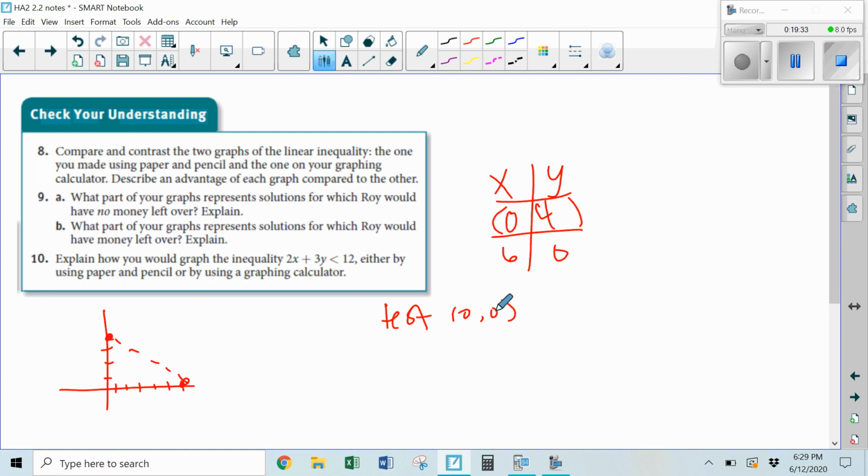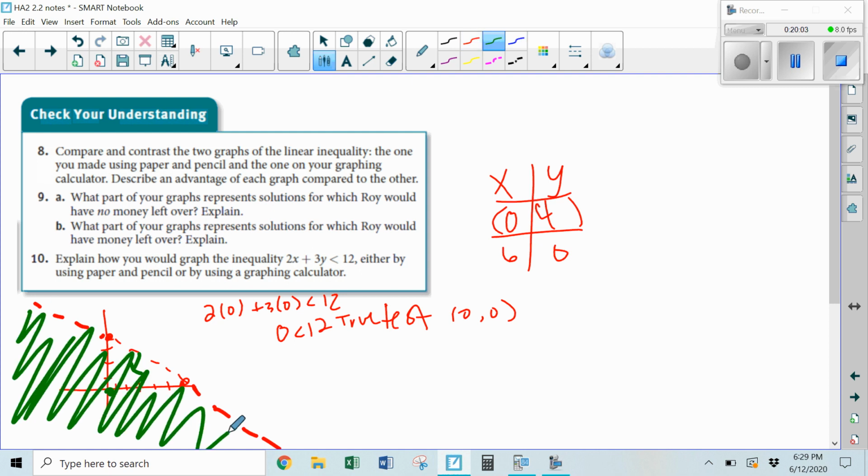So if I plug in a 0 for X and a 0 for Y, that's going to be 0 plus 0. True or false? 0 is less than 12. True. So 0, 0 works. This is true, so I'm going to shade everything on this side of the line. Actually, this line continues because it's not a word problem, so it doesn't have to just stay in a certain quadrant. So all of this would be how I graph it.